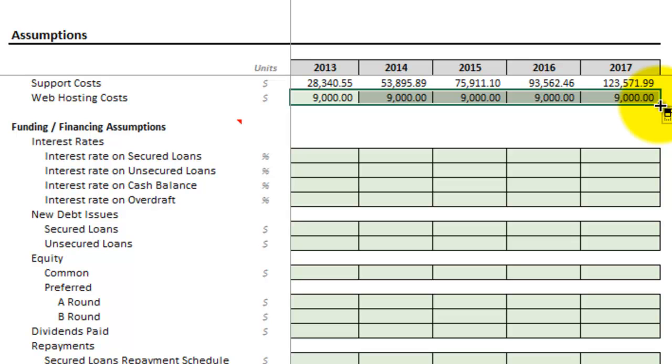So next we'll look at some of the funding and financing assumptions. So we will need to get a loan up front. So let's say we have excellent credit between the two of us, so we are able to get a $200,000 loan in the first year. We also need to get another loan in the fourth year of $100,000.